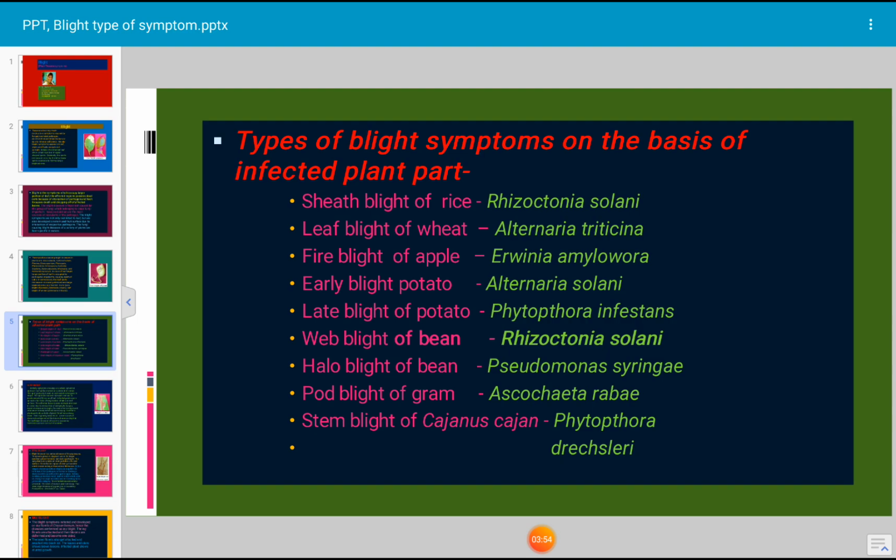Late blight of potato caused by Phytophthora infestans. Web blight of bean caused by Rhizoctonia solani. Halo blight of bean caused by Pseudomonas syringae, this is a bacterium. Pod blight of gram caused by Ascochyta rabiei. Stem blight of Cajanus cajan which is caused by Phytophthora drechsleri.